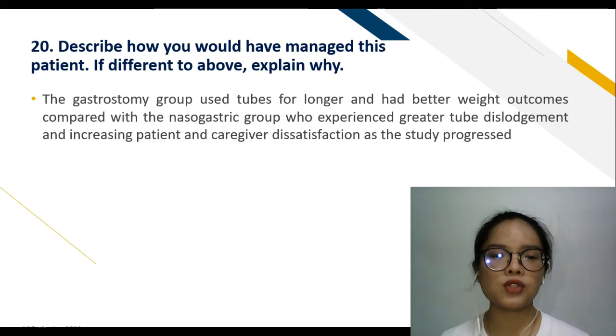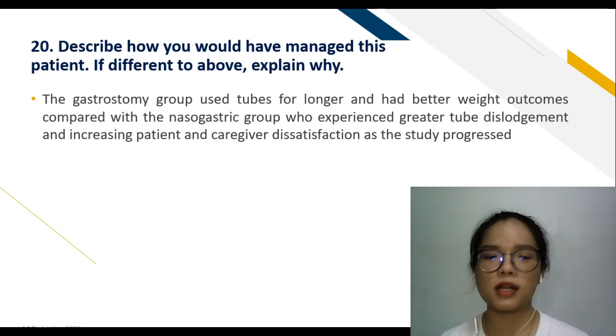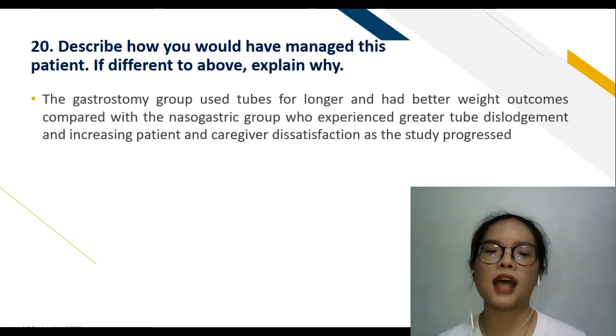The gastrostomy group in the research also used the tubes for longer and had better weight outcomes compared with the nasogastric group, who experienced greater tube dislodgement and increased patient and caregiver dissatisfaction as the study progressed.